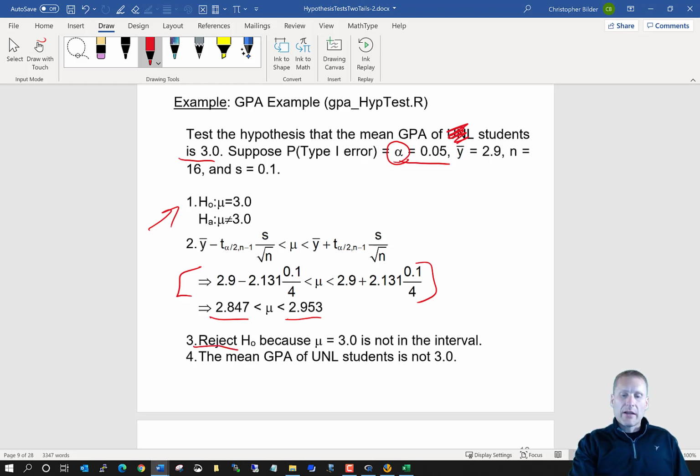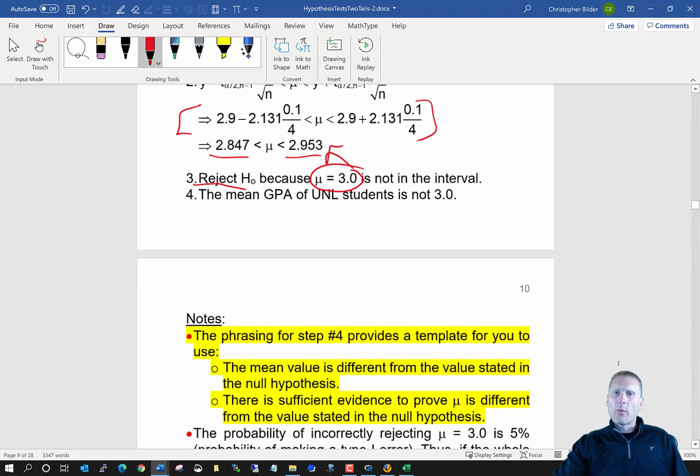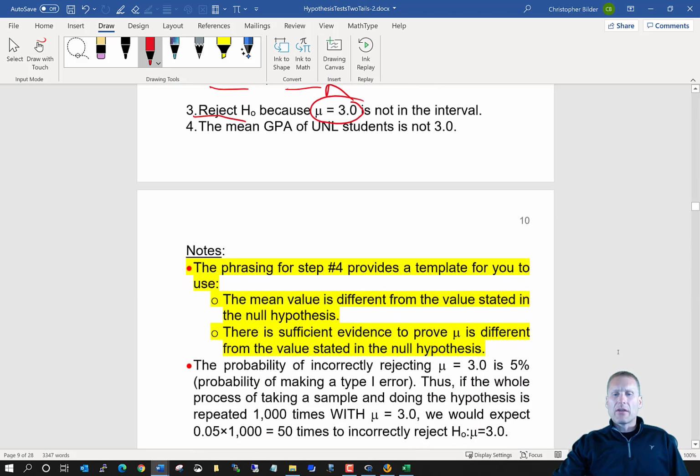I reject H0 because mu equal 3.0 is not in that interval. Step 4, tell me in terms of the original problem, in terms of the actual data itself, what does this mean? Well, the mean GPA of UNL students is not 3.0. There, we're done. Pretty simple. Just a more formal way of looking at things with a confidence interval.